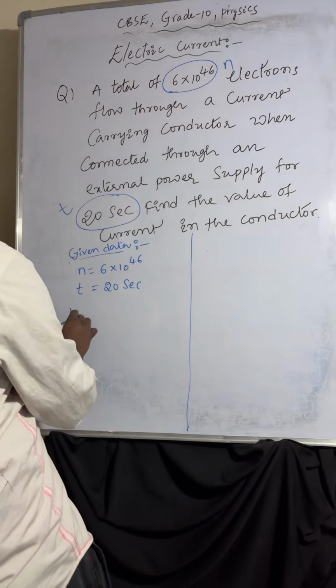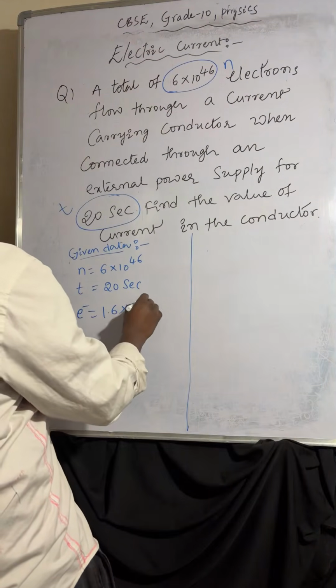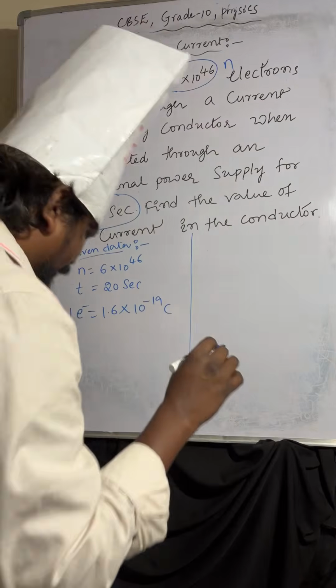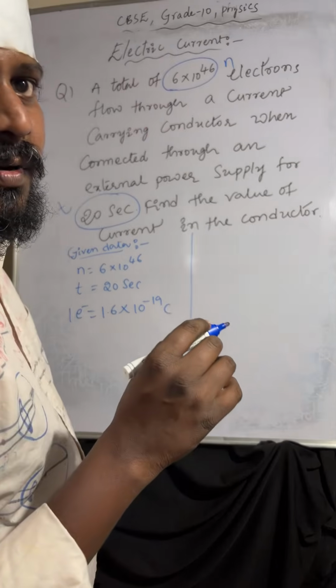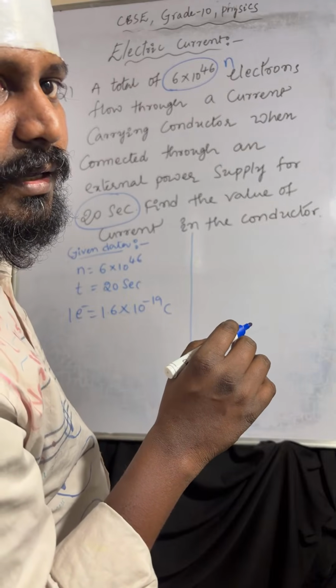On one electron, the charge is 1.6 into 10 power minus 19 coulomb.